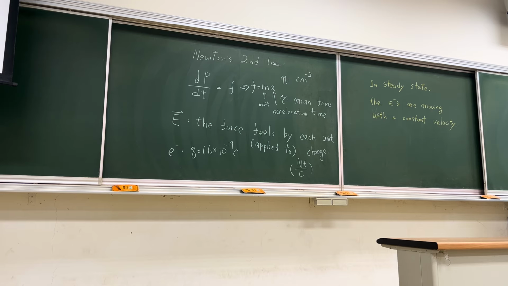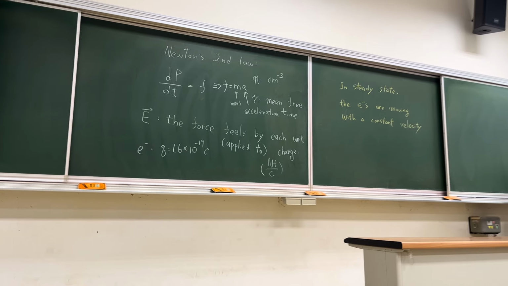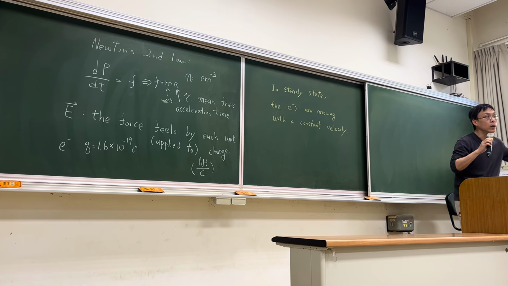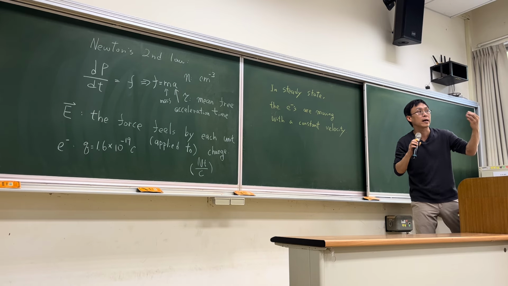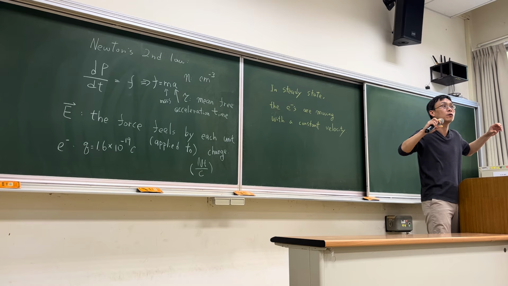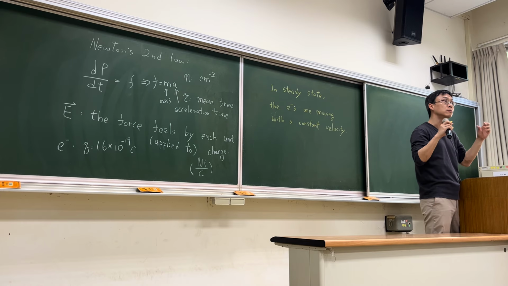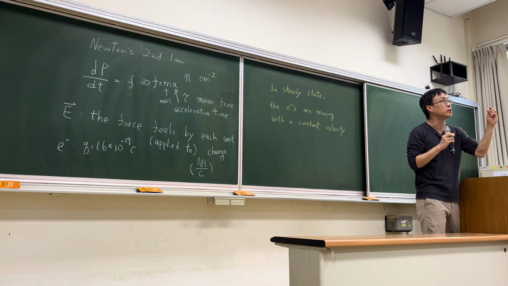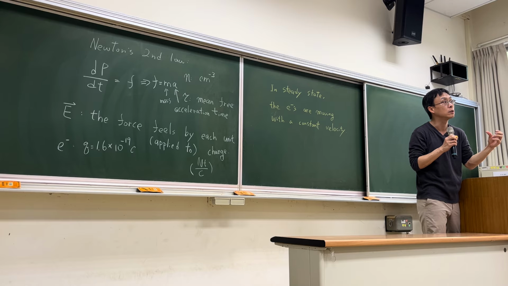Balance means you have two forces applying to the same particle, but these two forces are in the opposite direction. So one is to accelerate the electrons, the other one is to slow down the electrons. When these two forces are equal to each other, then you have a zero net force.